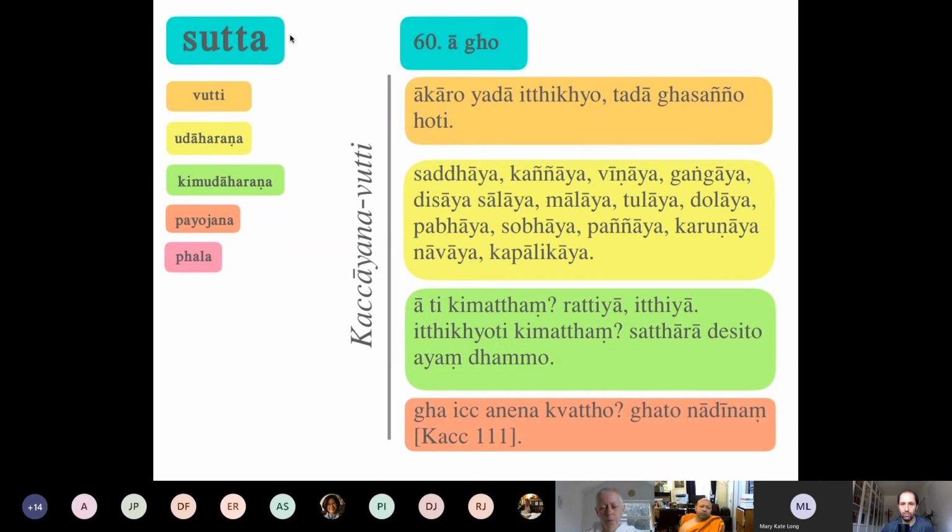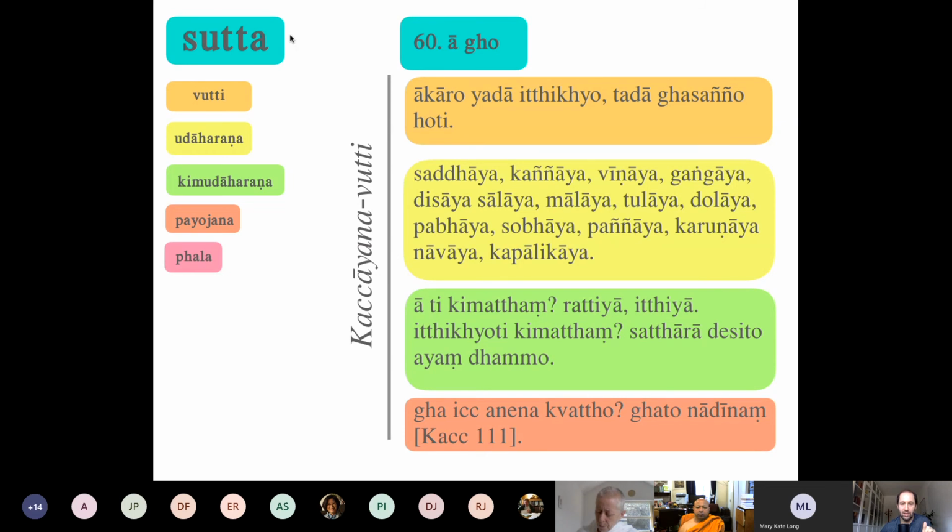Well, the fact is that what the Vutti at the top, the orange section, is doing is telling us what are the words that we have to read in the sutta. Although they are invisible, as we will see next day, you have to read them. They are implicit in the sutta. In the green, or turquoise, section at the top, all these words are implicit. So the word itthiyaṃ is implicit in the sutta.